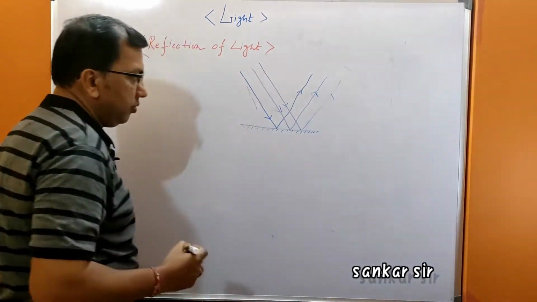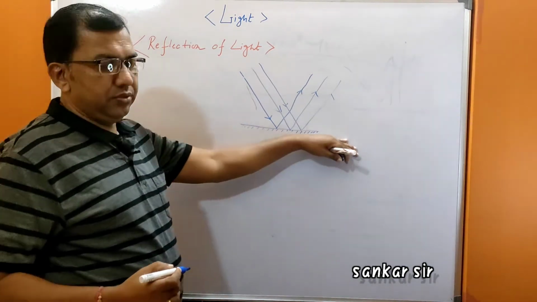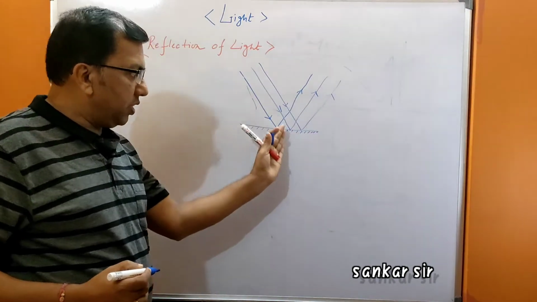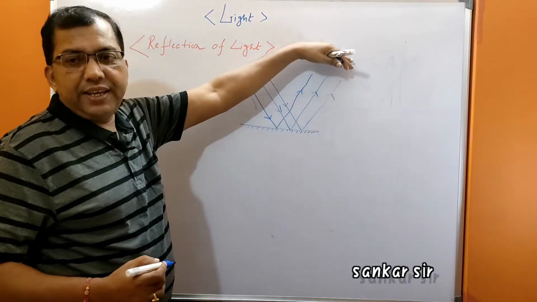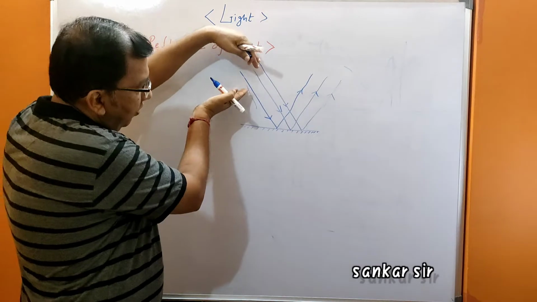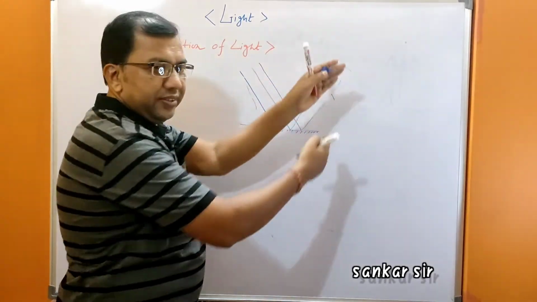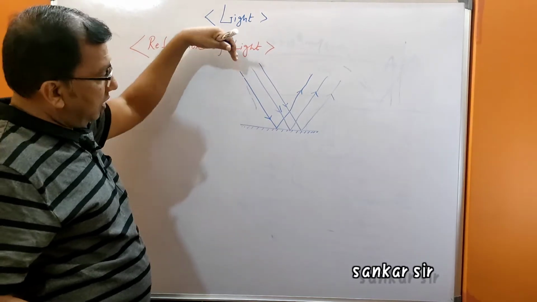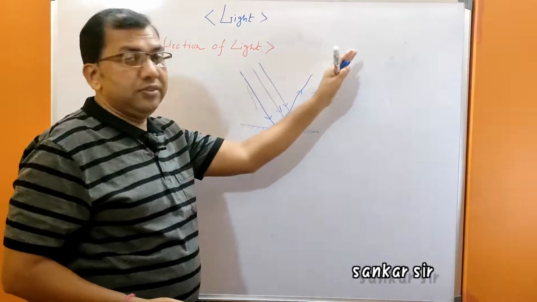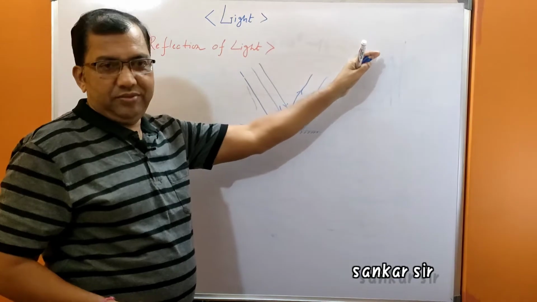What you see here is that on a smooth surface, a parallel beam of light strikes the surface and returns back parallelly. That is, at a particular distance they return back. This reflection happens in a regular direction.